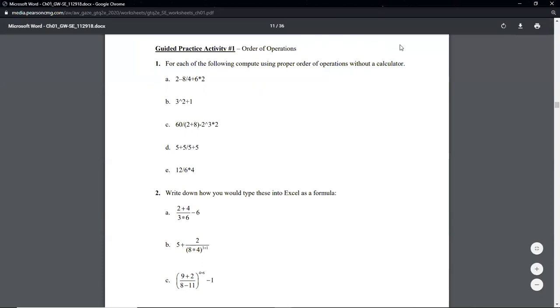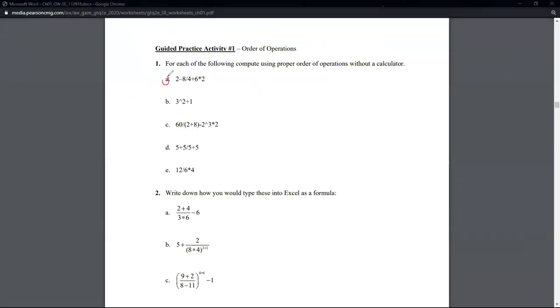Let's do A for now. It says 2 minus 8 divided by 4 plus 6 times 2. This star is a times, a slash is a divided by, this upside down V is an exponent. Parentheses say, hey, do this first. We could also have absolute values, all sorts of good stuff.